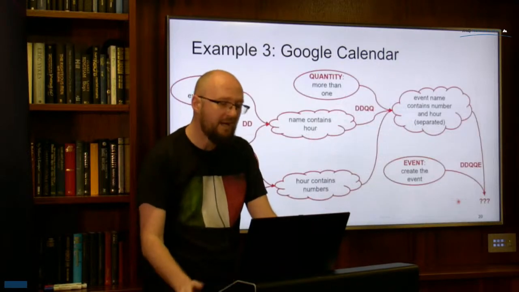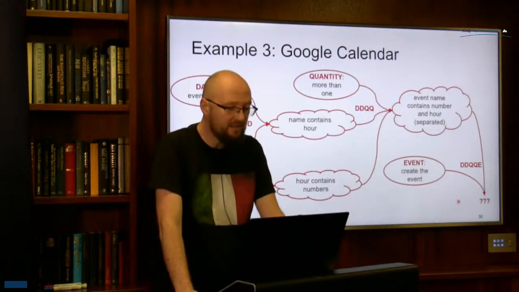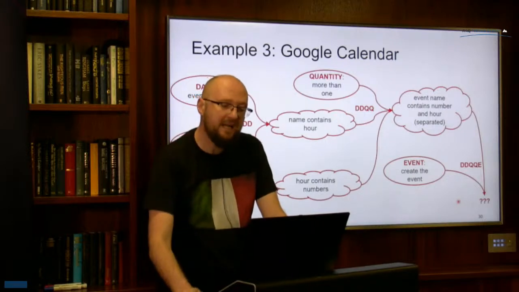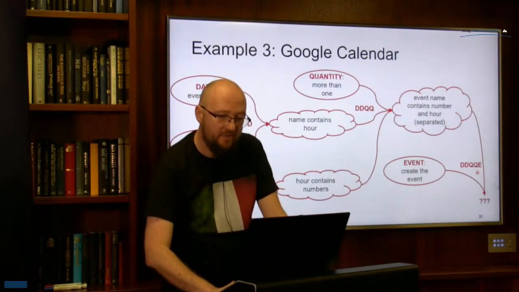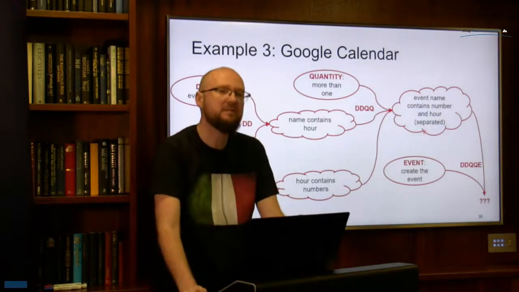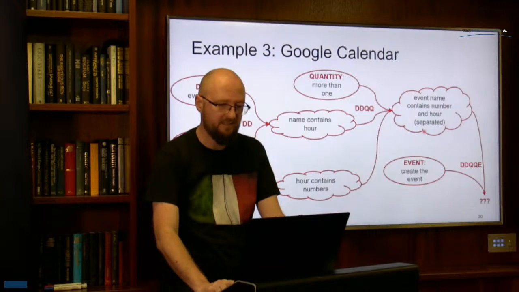Now, when we combine several dimensions like event name, hour, a part of something, more than one, and this kind of stuff, we can come up with an idea that we can create an event in this calendar which contains a number and an hour, which are separated. So we use numbers, but not in the hour, but in the title of the event.